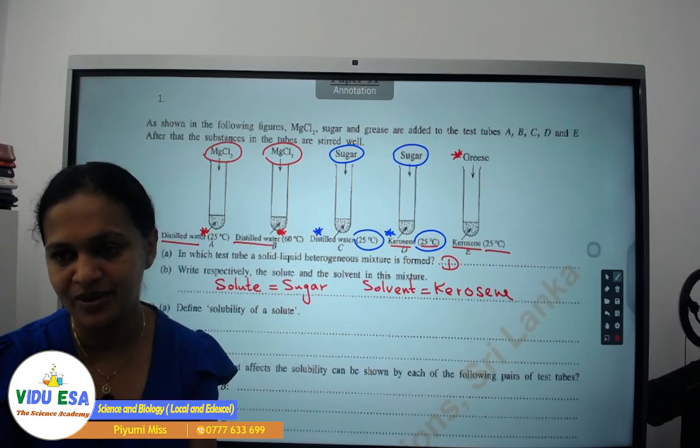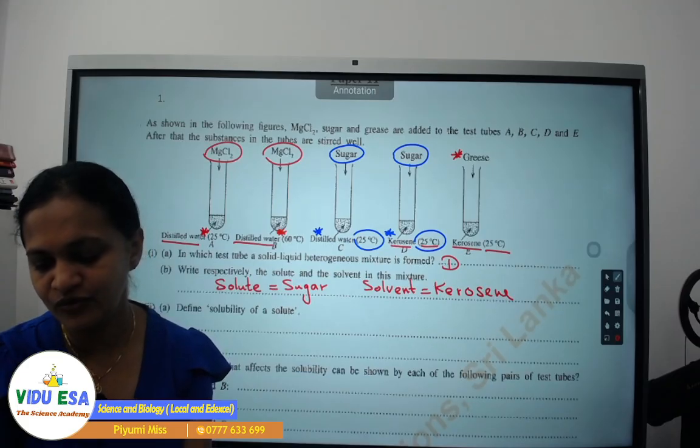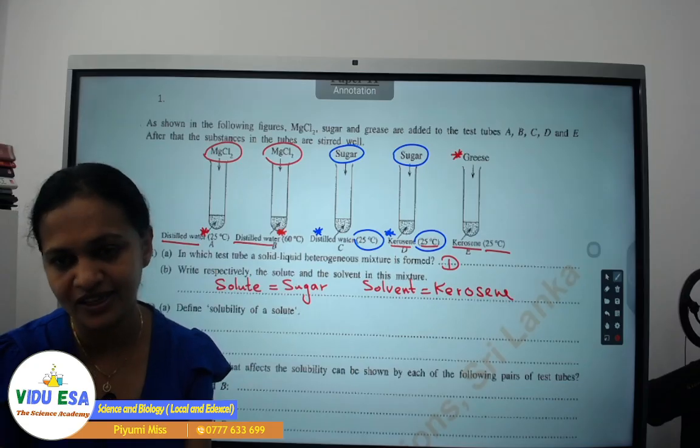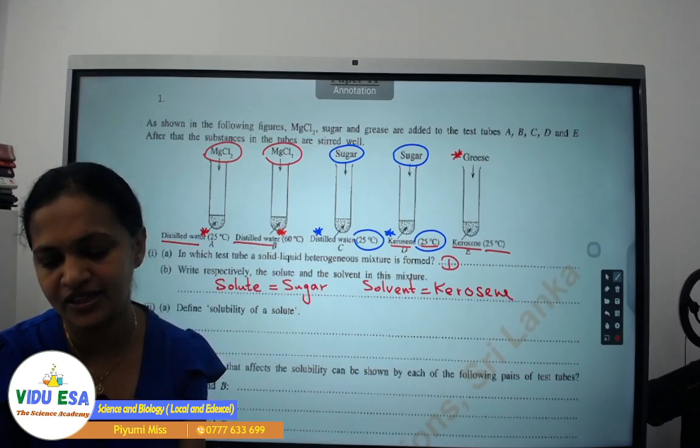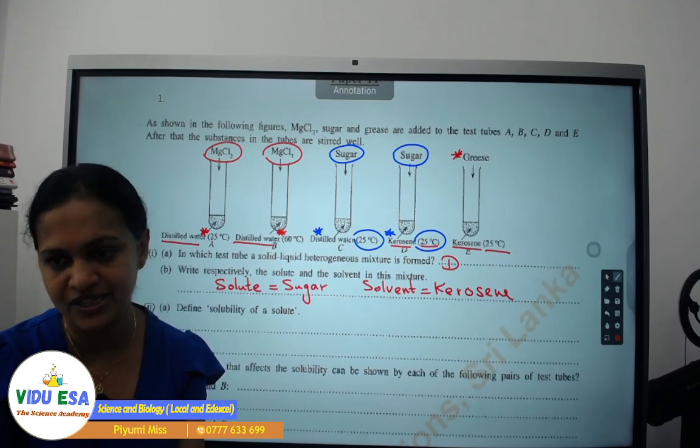The maximum mass of solute that dissolves in 100 grams of a solvent at a certain temperature, at a given temperature. Then only you will get 2 marks. If you haven't mentioned maximum, you will get only 1 mark, right?